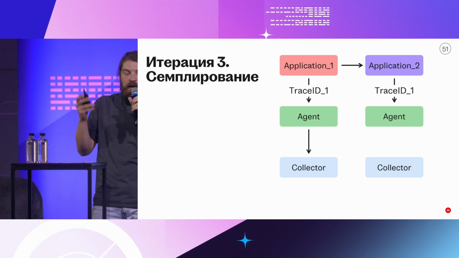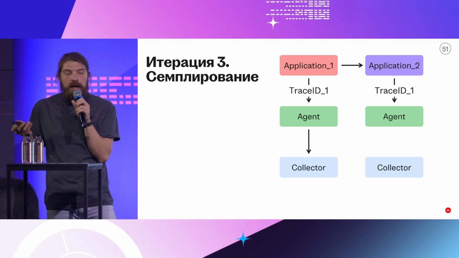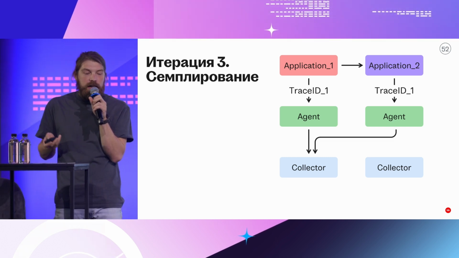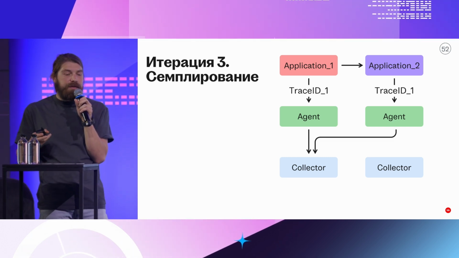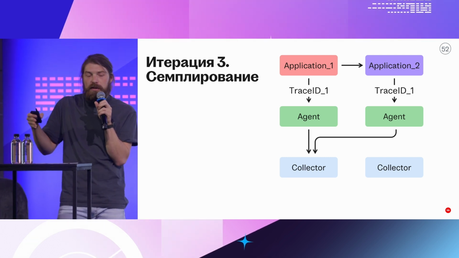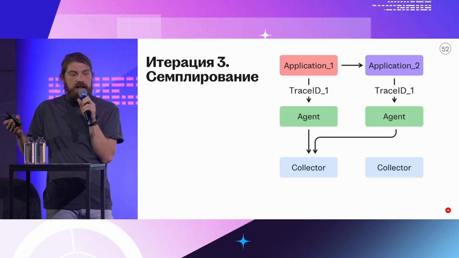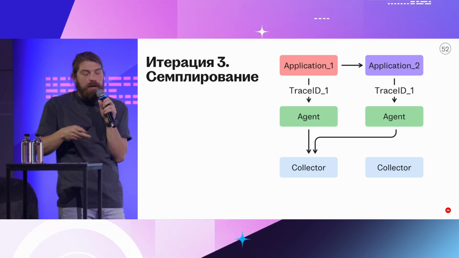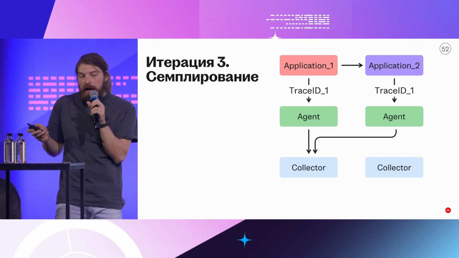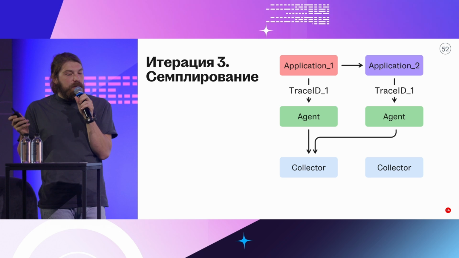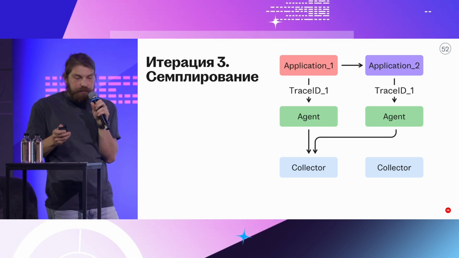The agent, based on the same hashing algorithm, makes a decision which collector to send the data to and sends the data to the same collector. So this way, all data, however many sub-requests would be included, will get to the same collector. And it's clear that the next request will go somewhere else with all this data.